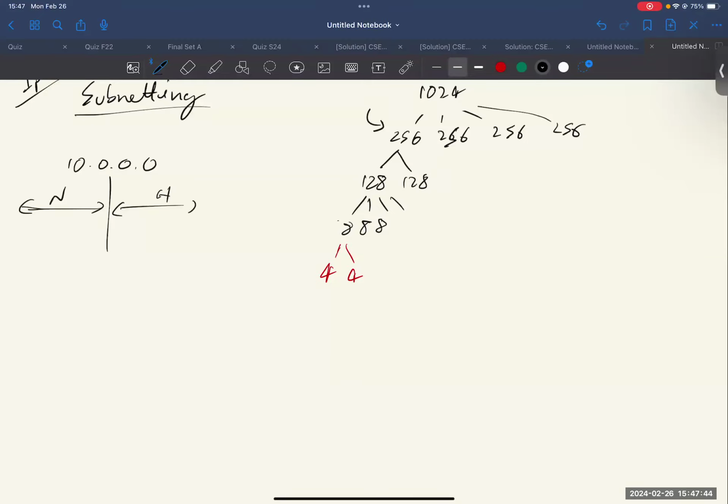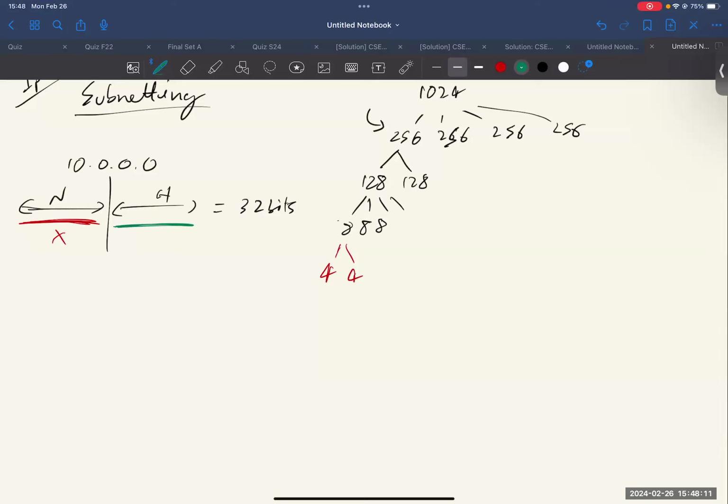The total summation of this is 32 bits. Now, as I told you before, the network portion is not editable. I cannot do anything with it. The network address that is given to me is my identity, and I cannot modify it no matter how much I want to. Clear? So anything that I do, I need to do with this host part.